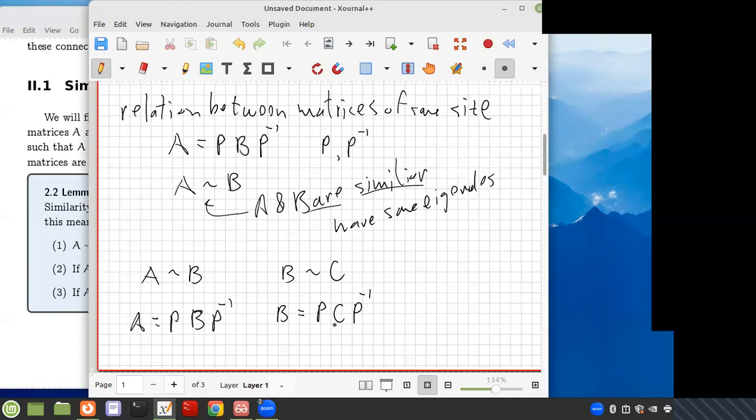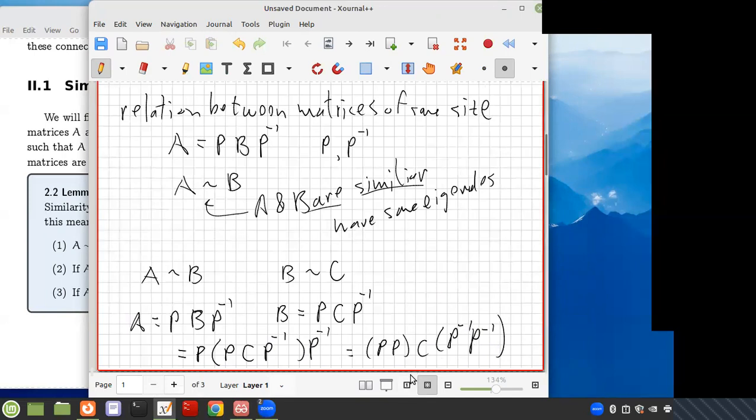So if A is this, I can just plug B in here, and A is going to equal P times P C P inverse times P inverse, and that's going to equal P times C times P inverse. Actually, I don't think these have to be the same ones; this could be P1, P1 inverse, P2, P2 inverse.